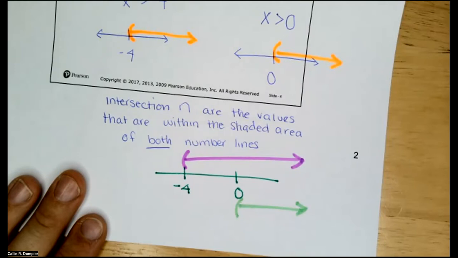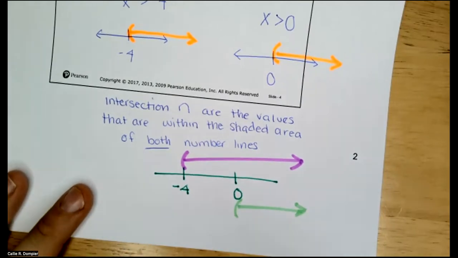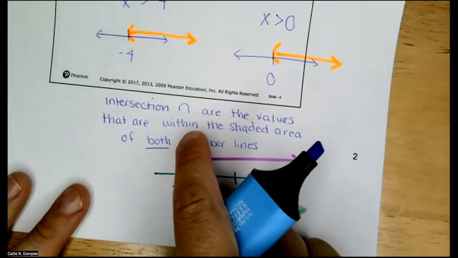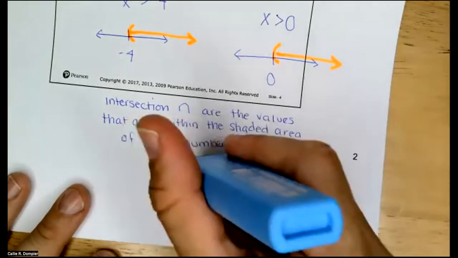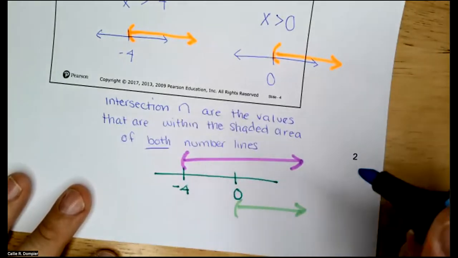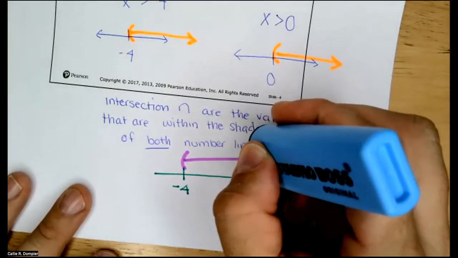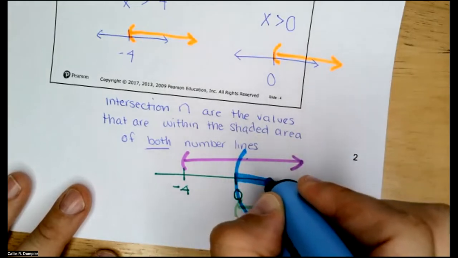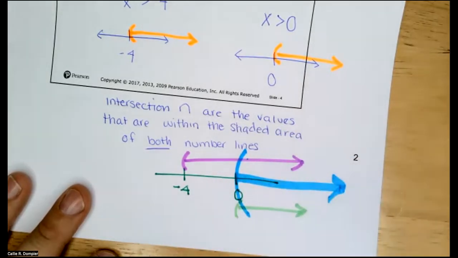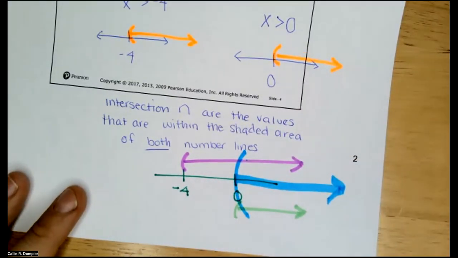They are within the shaded area of both number lines. It cannot be anything over here. Think about these as two colors that if they blended made a beautiful third color together, right? So if you put the purple and the green together, that's your answer for intersection.